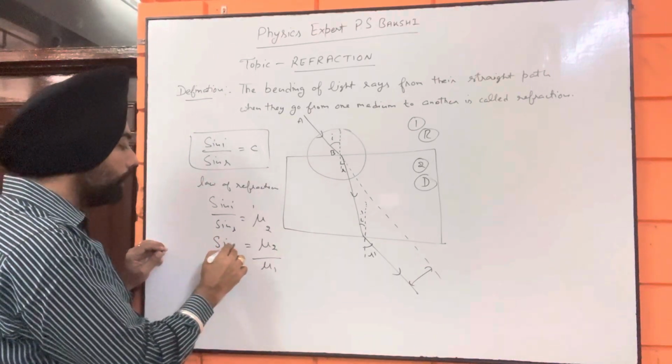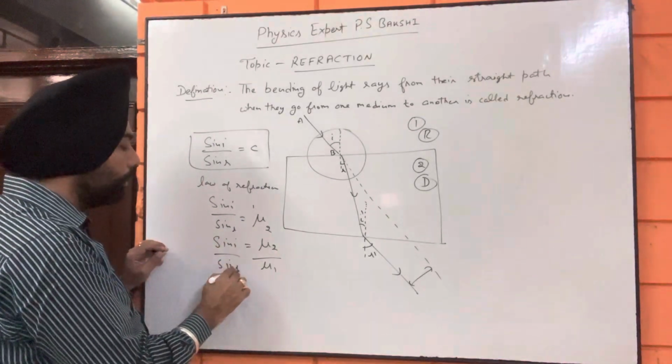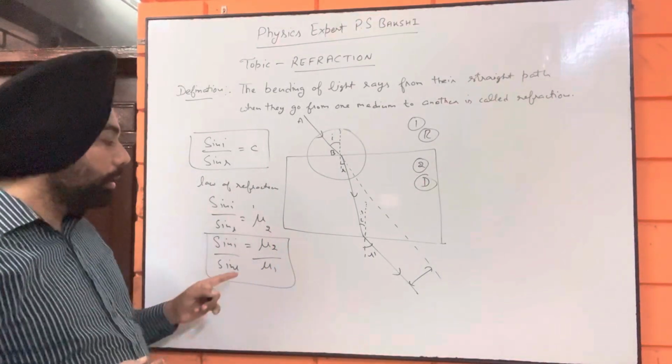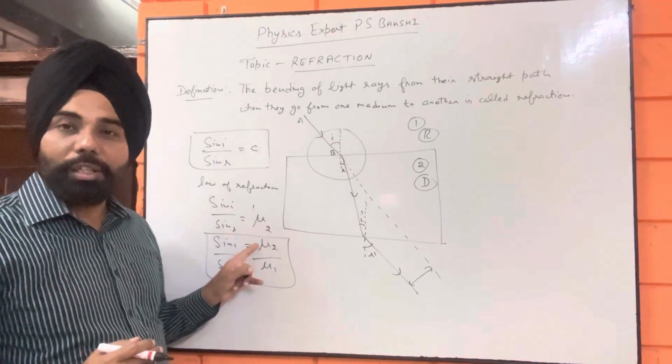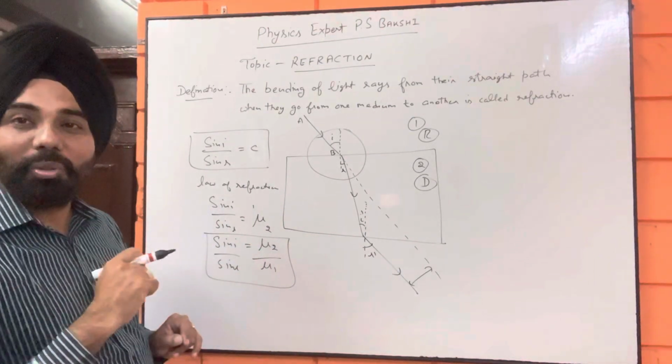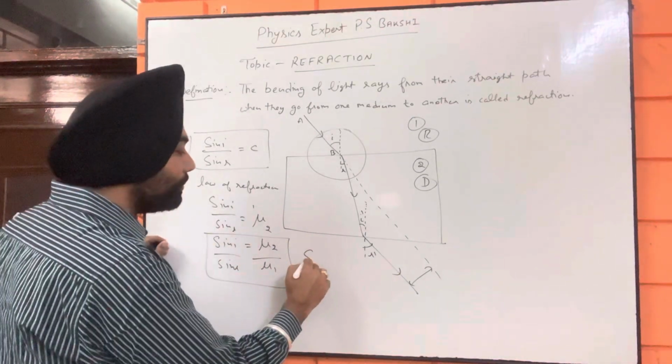So sin i upon sin r is equal to mu2 over mu1, which is the refractive index of the second medium with respect to the first, and that ratio is also known as Snell's law.